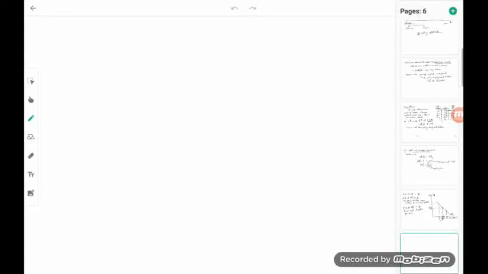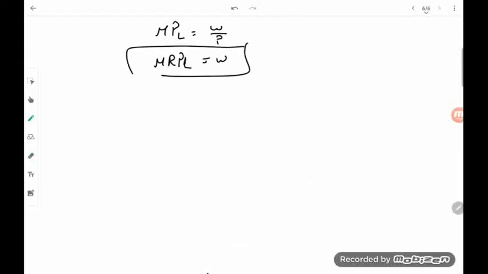So here we are going to talk about the marginal revenue productivity of labor instead of marginal productivity of labor. Marginal productivity of labor equals W over P is equivalent to marginal revenue productivity of labor equals wage. Okay, so here we have to use this form instead of number one.